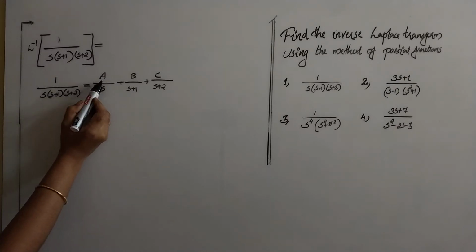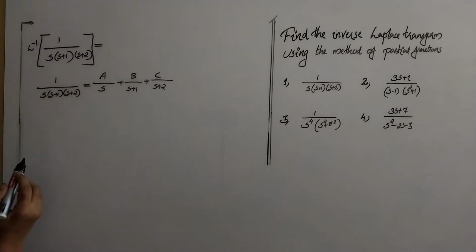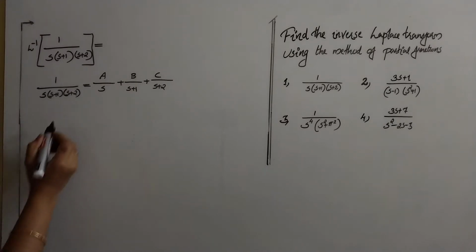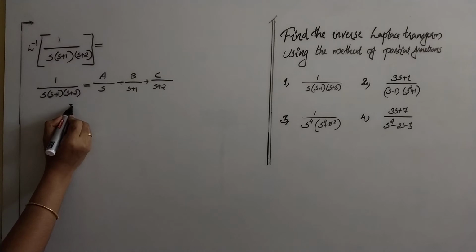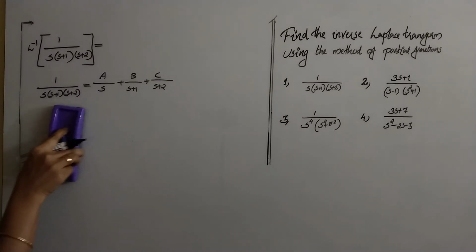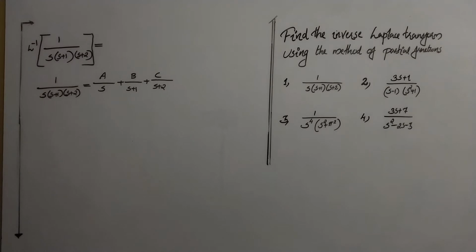Here we take three constants a, b, c because the power of s is s cubed, that is s raised to 3. That's why we took three constants.